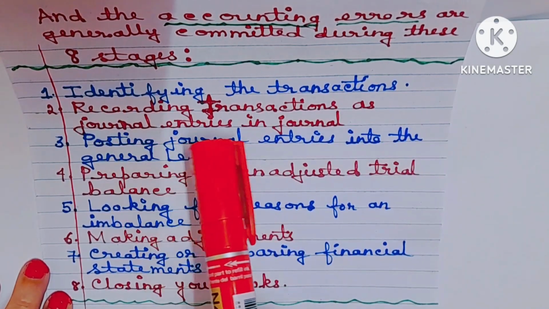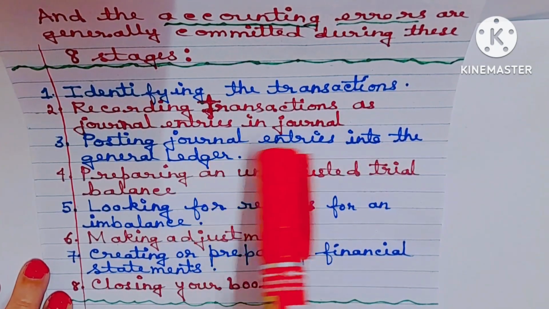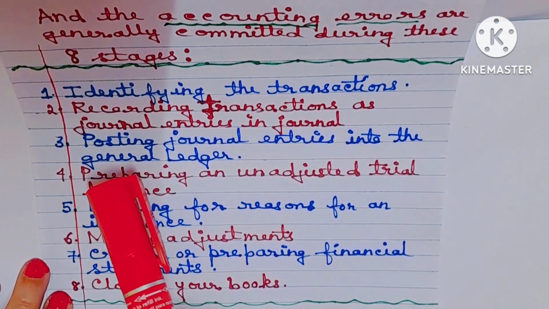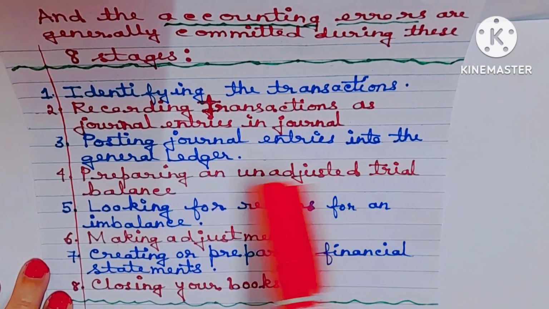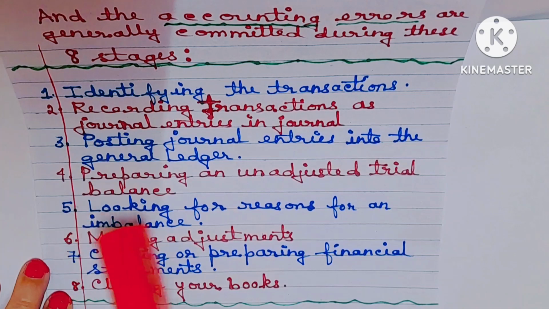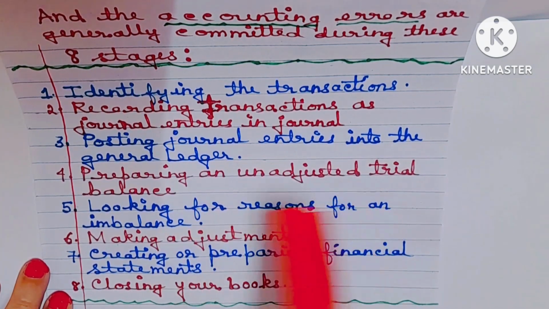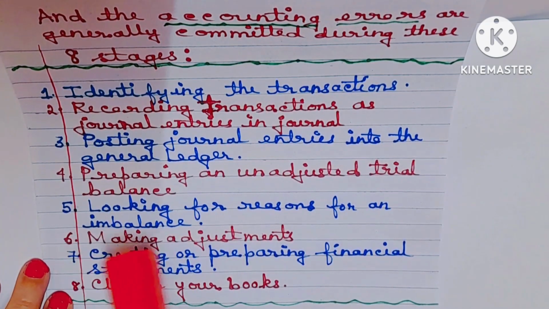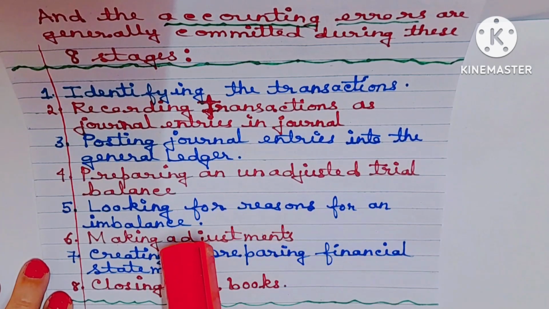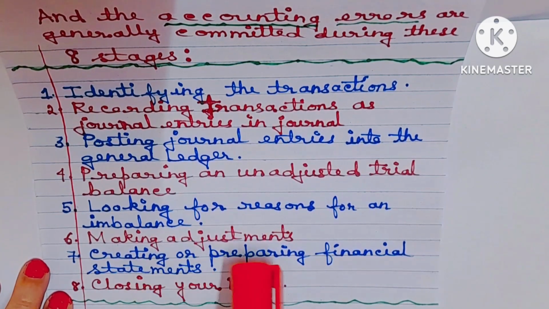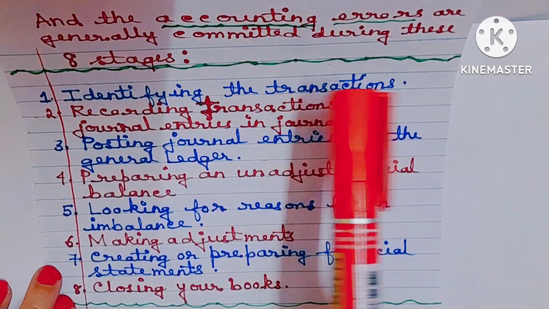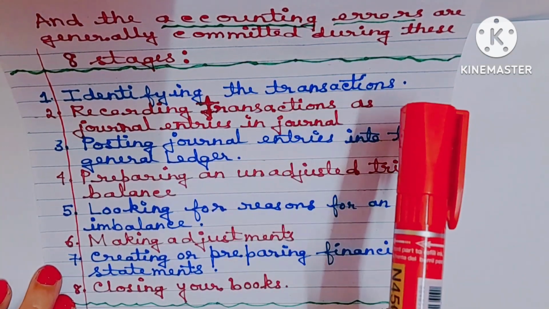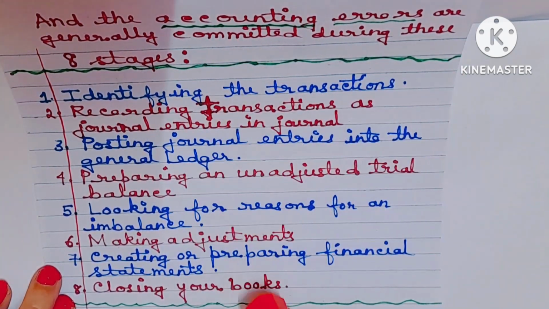Number 2, recording transactions as journal entries in journal. Number 3, posting journal entries into the general ledger. Number 4, preparing an unadjusted trial balance. Number 5, looking for reasons for an imbalance. Number 6, making adjustments. Number 7, preparing financial statements. Number 8, closing your books. So, accounting errors are generally committed during these 8 stages.